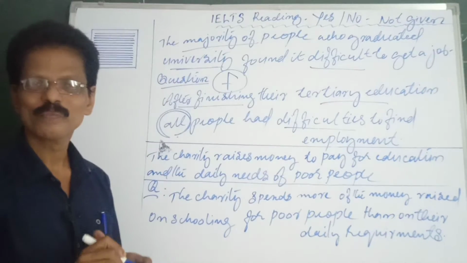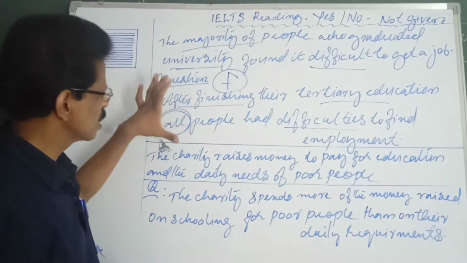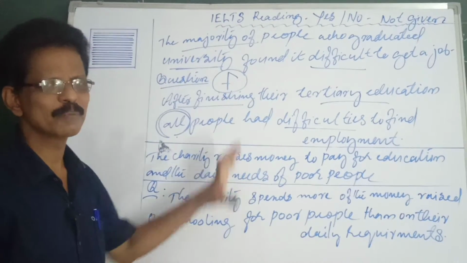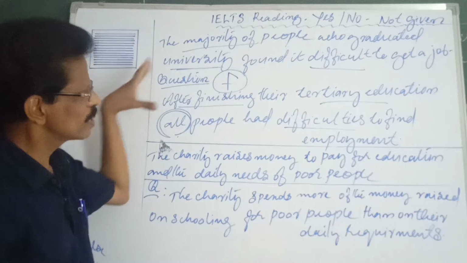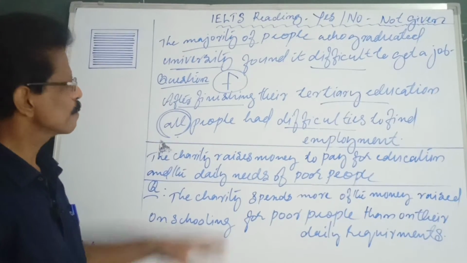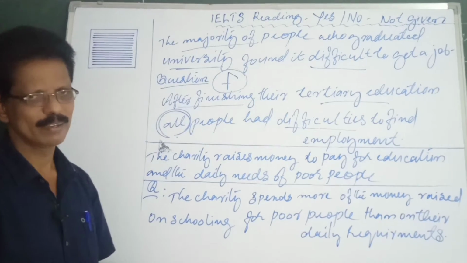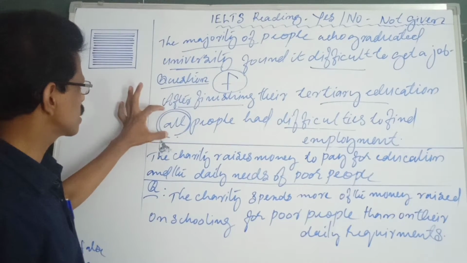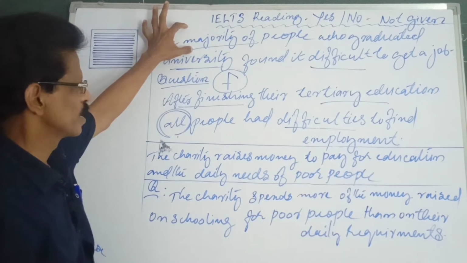Is it clear to you? Yes, you must check the sentence a little more closely, then you get the meaning. You have to go through the sense, what is meant by this. So the very important difference is here: all and majority do not match.